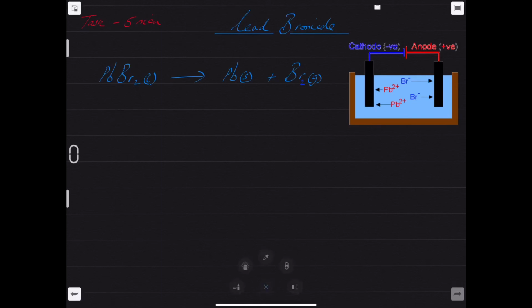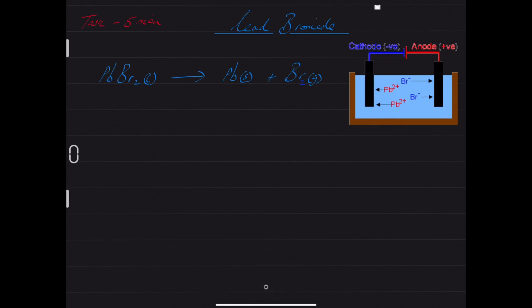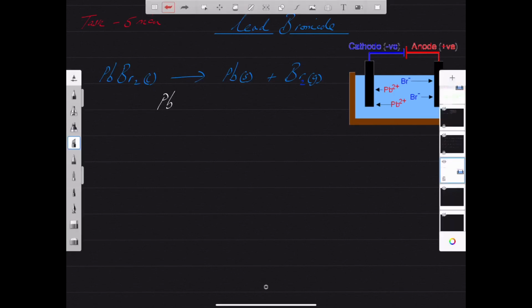Okay, so let's take the ionic half equations. The 2 ionic half equations you should have are, the first one, lead 2 plus. You could have got this from the diagram.